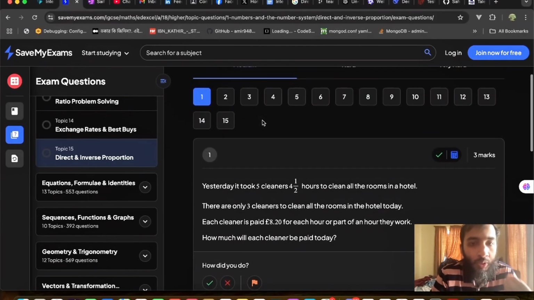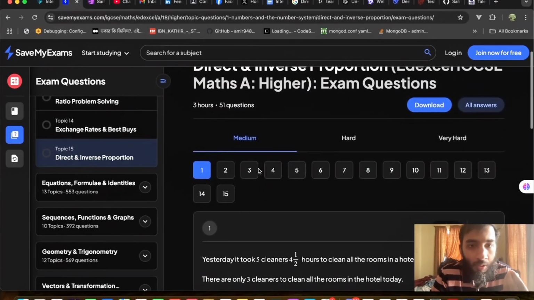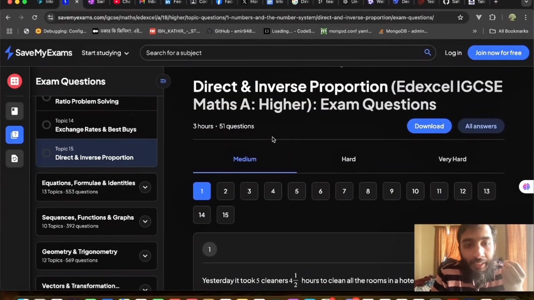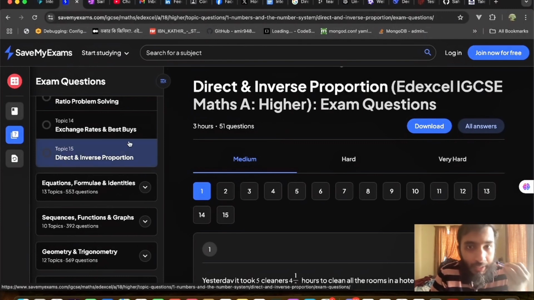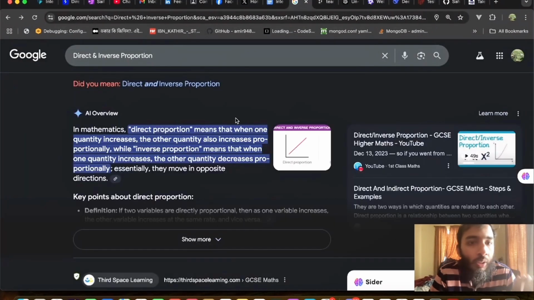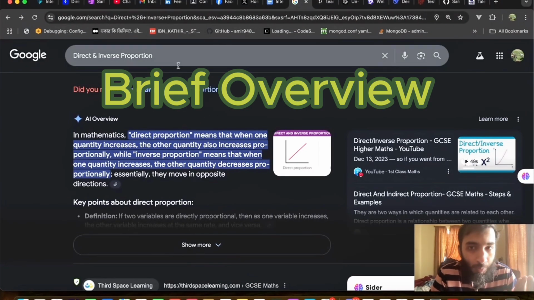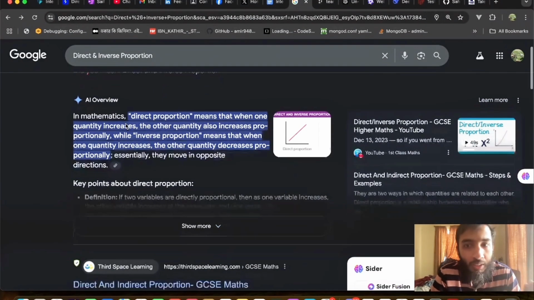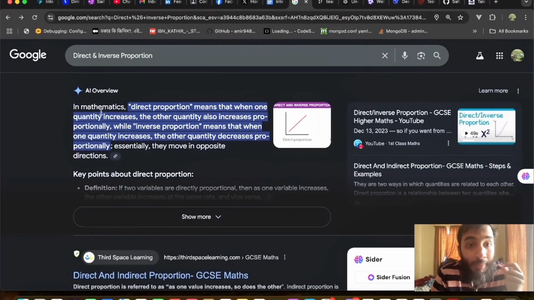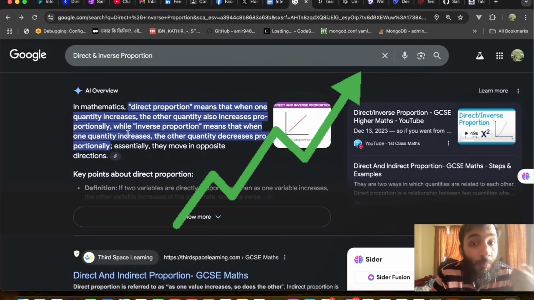Before I go to the mathematical problems, I just want to briefly overview the mathematical concept of direct and inverse proportion. If I go to Google and search these keywords, what is the answer? It says in mathematics, direct proportion means when one quantity increases, the other quantity also increases proportionally.